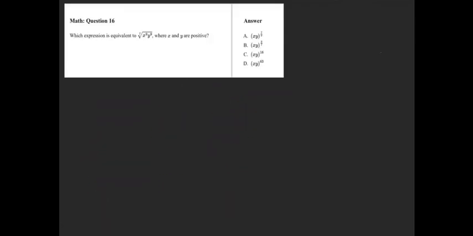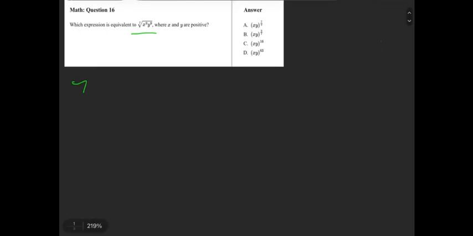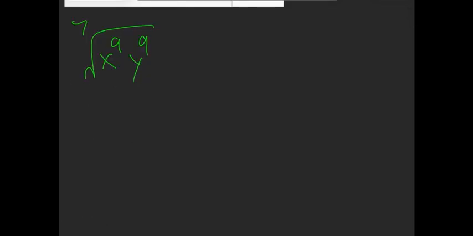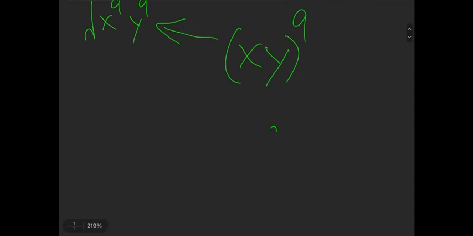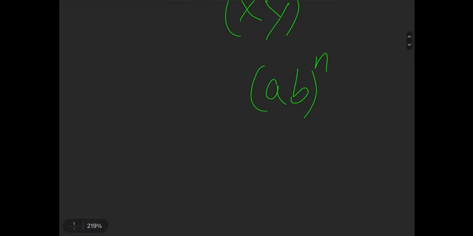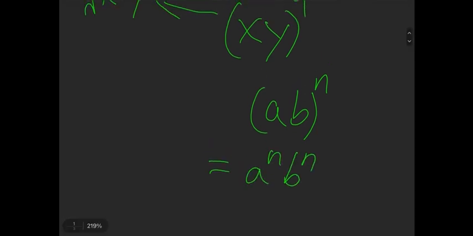Now, how can we rewrite this expression in terms of exponents? For our first step, we will rewrite x to the ninth power times y to the ninth power. We can rewrite this as x times y all to the ninth power, because remember, ab to the nth power is equal to a to the nth power times b to the nth power.